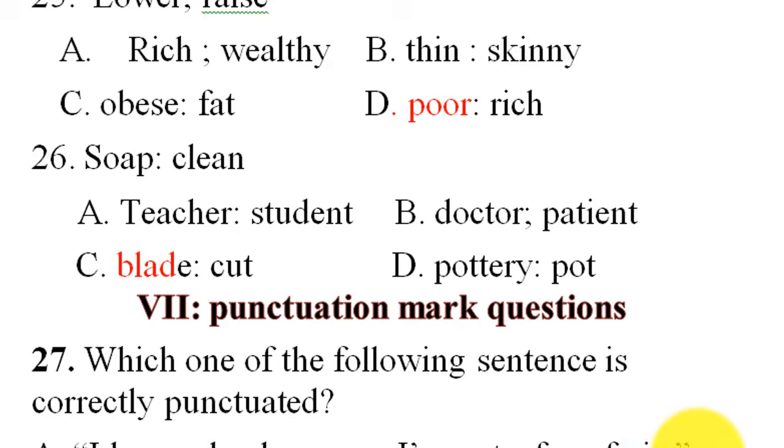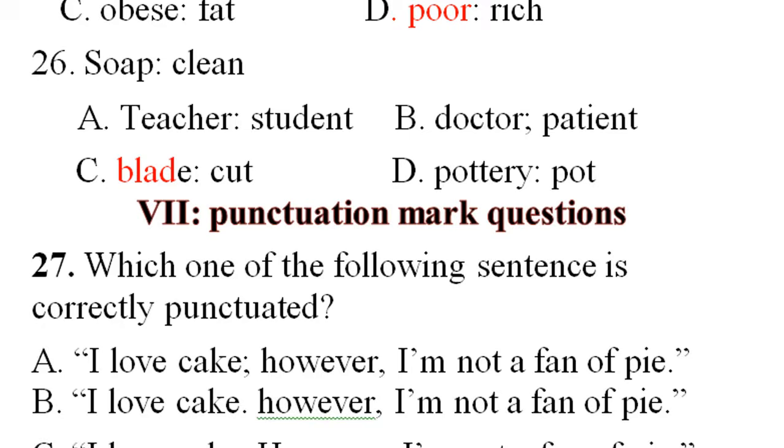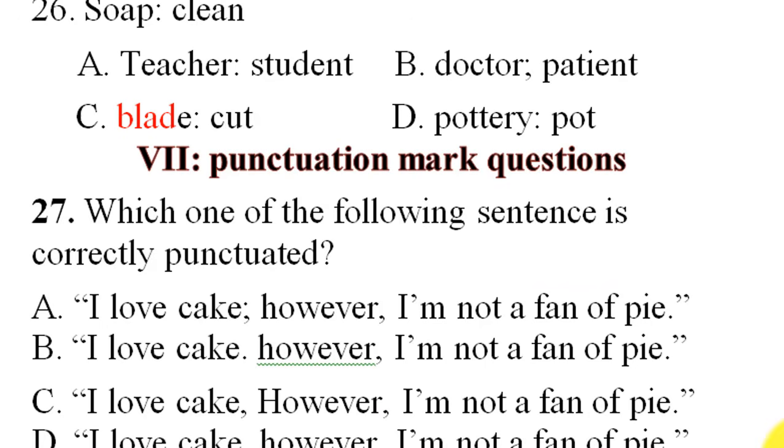Please, and punctuation mark questions: some 3 or 2 questions for punctuation, including capitalization. Which one of the following sentences is correctly punctuated? I love cake however I'm not a fan of pie. There is a semicolon here, and however followed by a comma. This is a full stop, and however if there is a full stop, this h should be capitalized, so that's wrong punctuation.